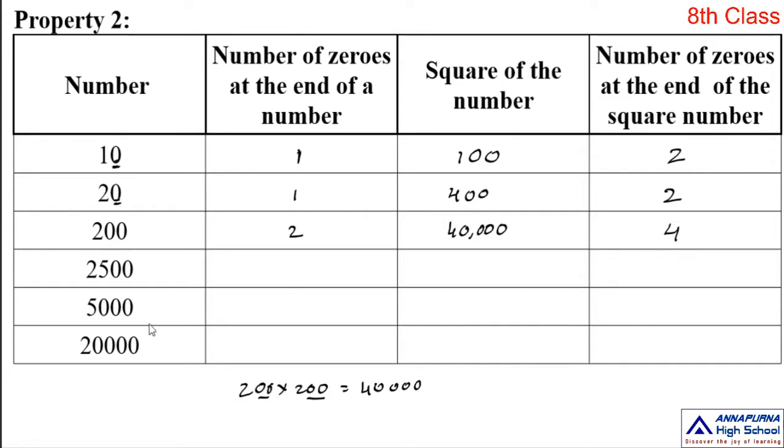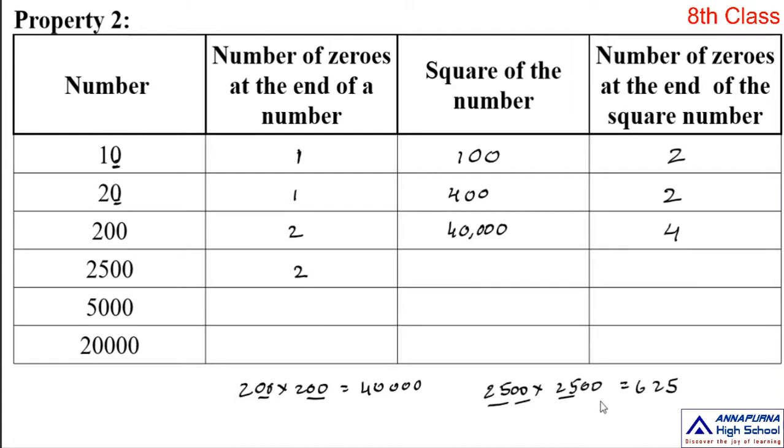So at the end, how many zeros are there? 4 zeros. In the same way, let's take the next number, 2500. How many zeros are there? There are 2 zeros. Its square means 2500 into 2500. How to find it? 2500 into 2500 is equal to 25 into 25, which is 625.